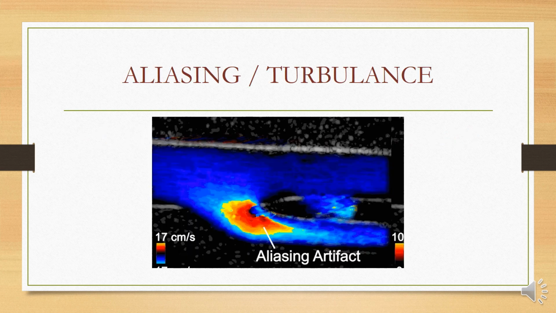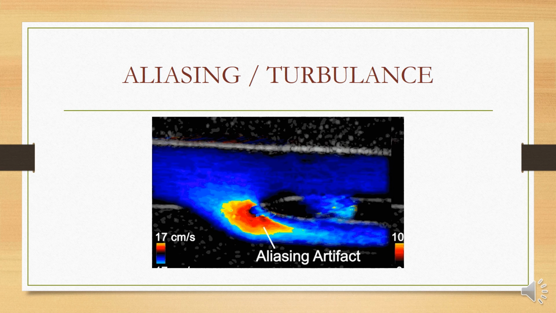And what is this aliasing on color flow imaging? See, this is a smooth single color vessel showing blue. And here at the site of the branching of the vessel, you are seeing mixing of the color. So this aliasing can occur in 3 points.